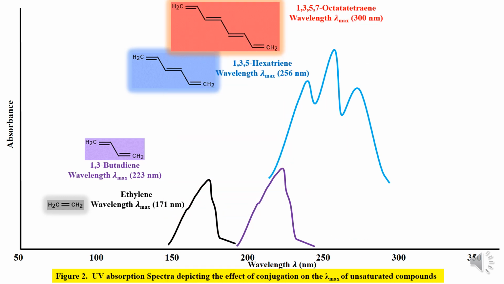And in case of 1,3,5,7-octatetraene, the lambda max is 300 nanometers. That is, this compound shows maximum absorbance at this particular wavelength. It has a total of 4 double bonds and they are alternately placed. So remember, conjugation is nothing but alternative presence of single and double bonds.